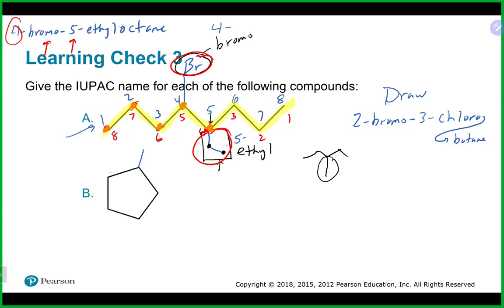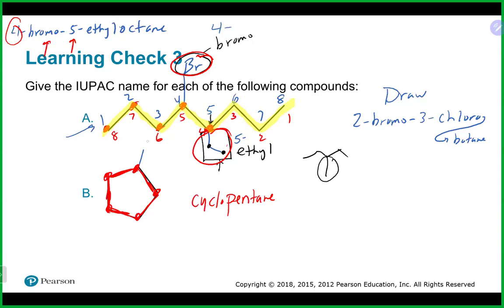All right, taking a look at this one here. Obviously, we have a cycloalkane happening, so that is going to be our biggest carbon chain. That's going to be 1, 2, 3, 4, and 5. So 5 is based off of pentane, and because it's a ring structure, we just add cyclo to the front of it.